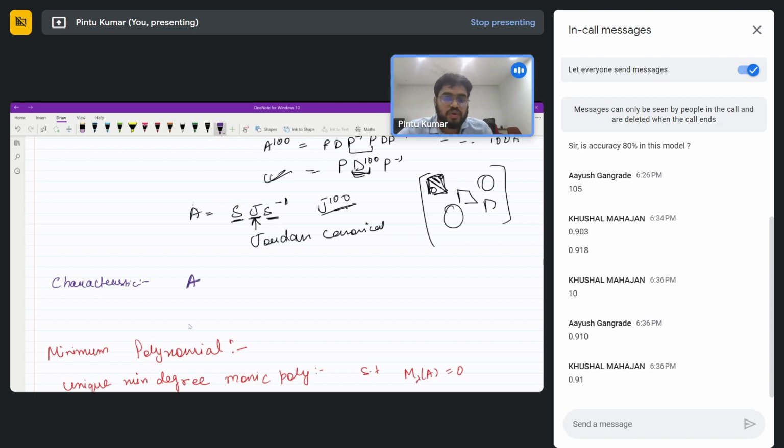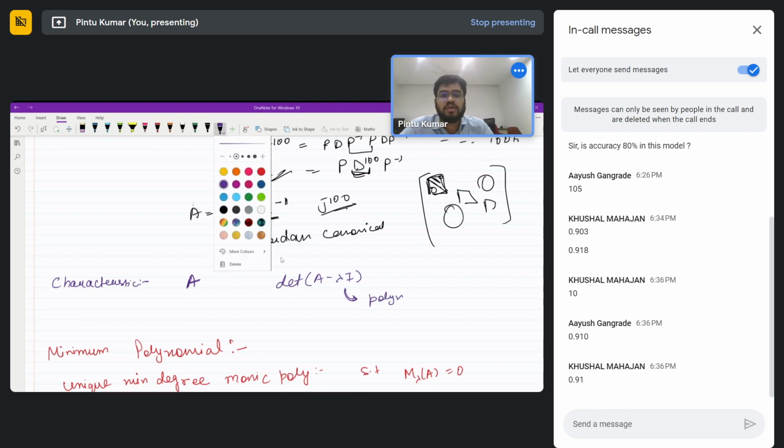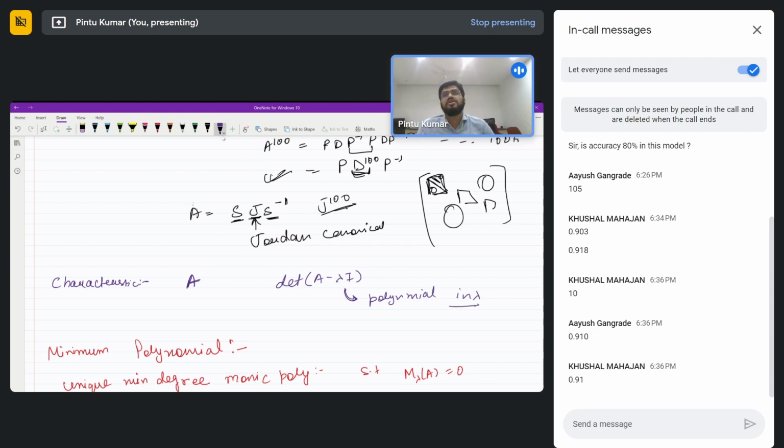If you look at this equation, determinant of A minus lambda I is equal to 0, and you expand this quantity, ignoring the equal to 0 part, you will get a polynomial in lambda. That particular polynomial is known as your characteristic polynomial. So what is a minimal polynomial?